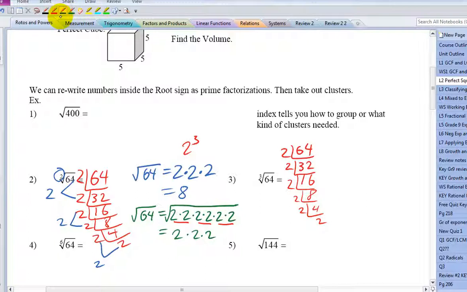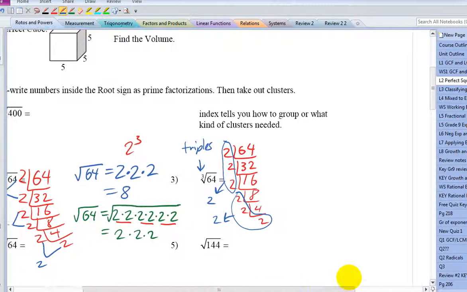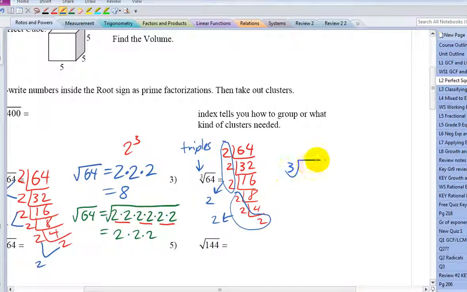What are we looking for clusters of? Okay, we're looking for triples or groups of 3. So here's a group of 3. You can take out a 2. Here's a group of 3. You can take out a 2. So cube root 64 equals 2 times 2, or 2 squared, which equals 4.